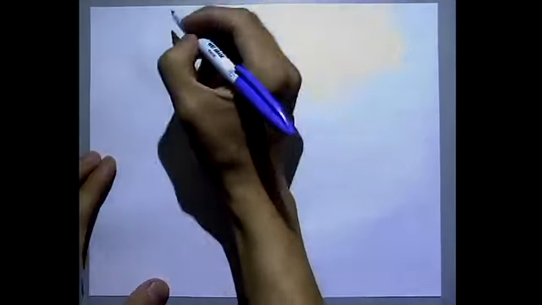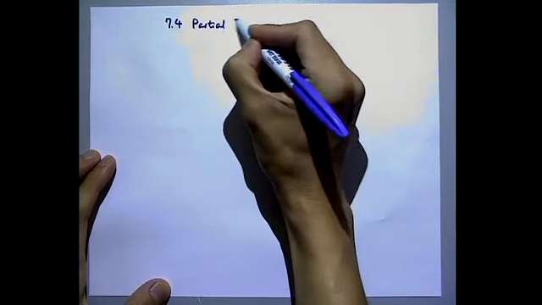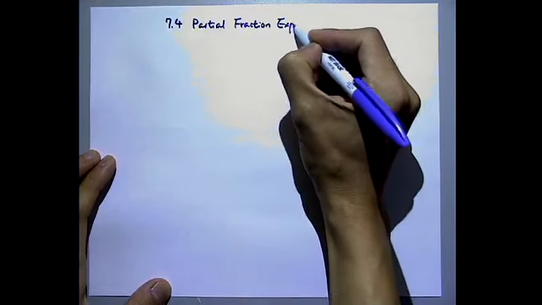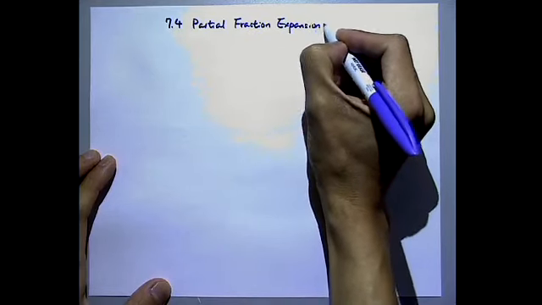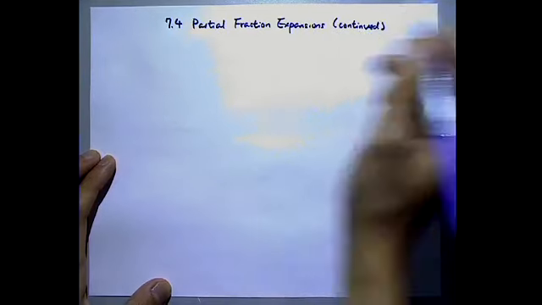Okay, we're going to continue with section 7.4, partial fractions. Last time we saw 2 cases. Case 1 was when you had a non-repeating linear factor, and case 2 was when you had a repeating linear factor.